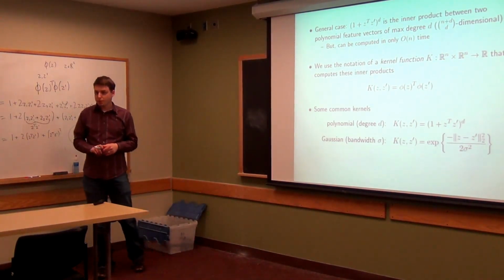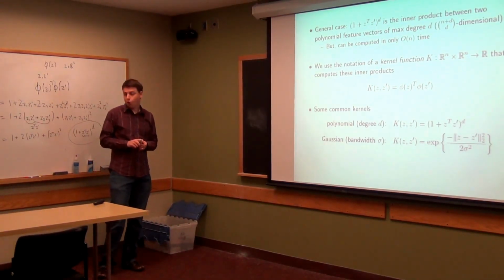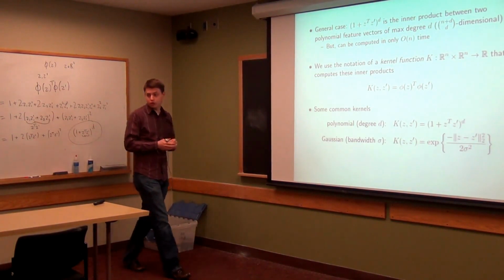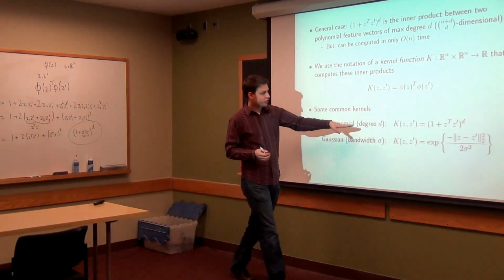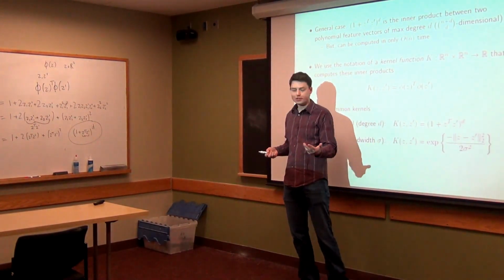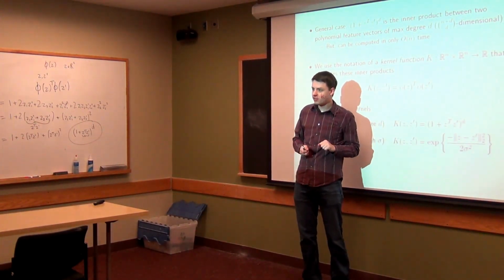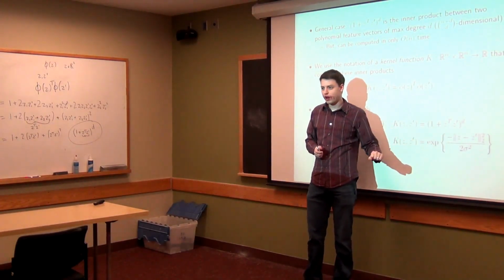Some particularly common kernels: one we already saw was the polynomial kernel. This kernel is computing inner products in an n plus d choose d dimensional space, doing it in order n time.